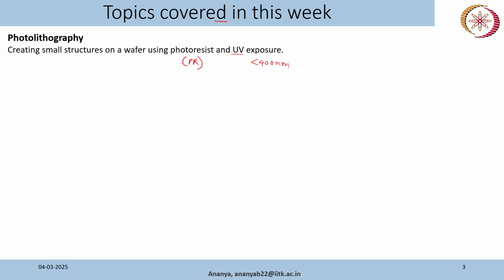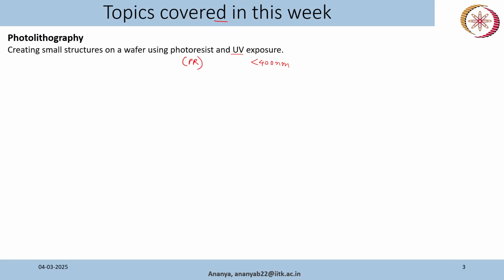Because I mentioned earlier also, it is like writing a line with a pen, and you cannot get a very thin line if the pen tip is very big. It's not exactly like that, but the resolution, the minimum dimension you can go for, depends on the UV light source that you are using.